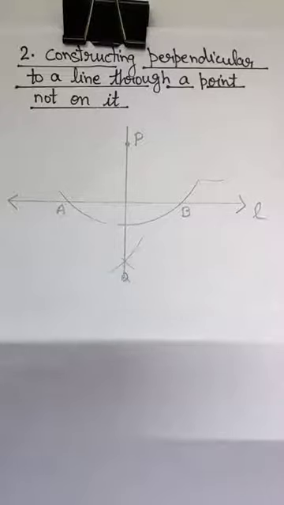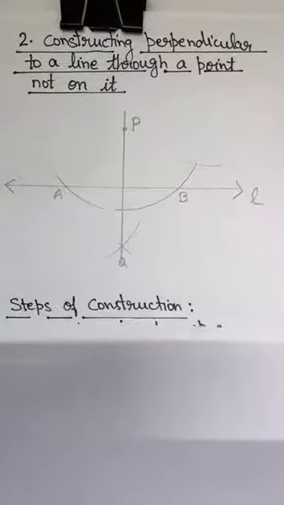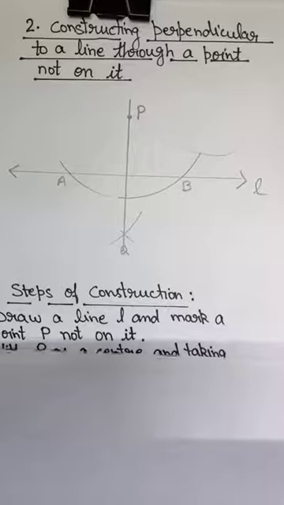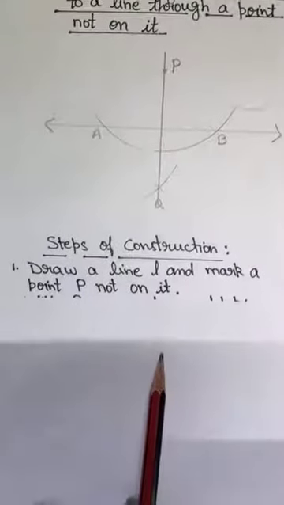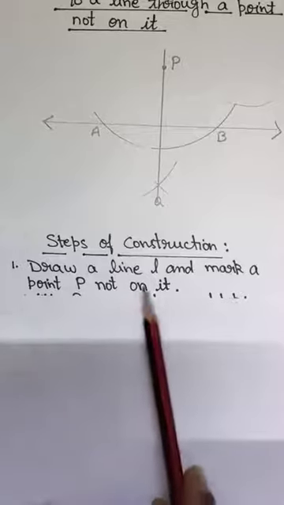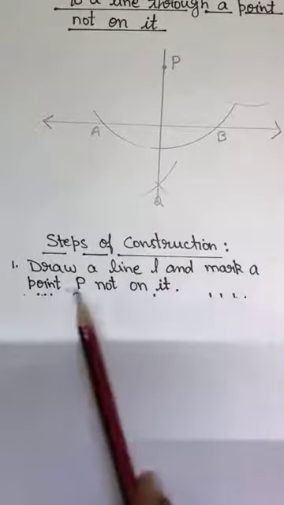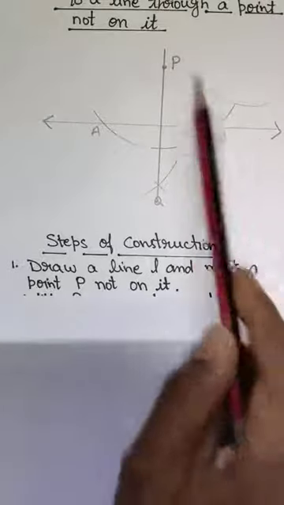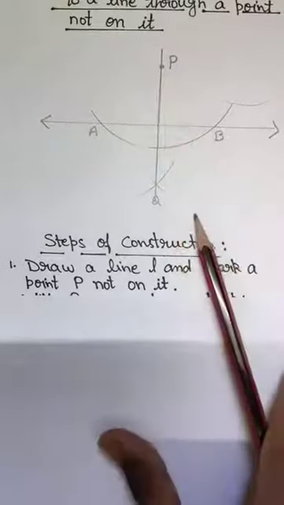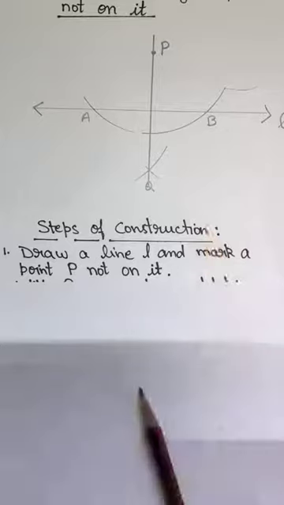Clear? Now see its steps of construction. Draw a line L and mark a point P not on it. This we have done. This is line L. We have marked a point P outside the line.